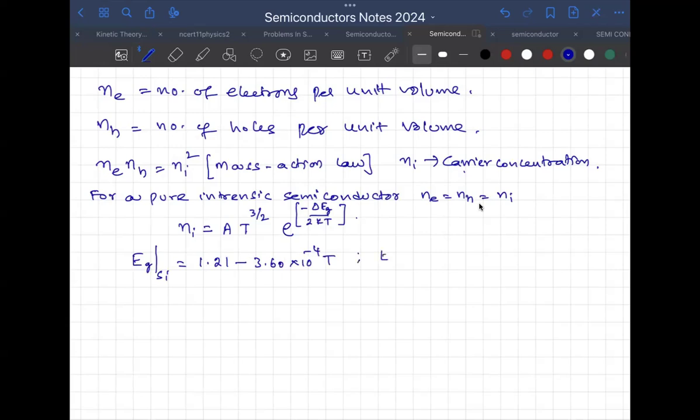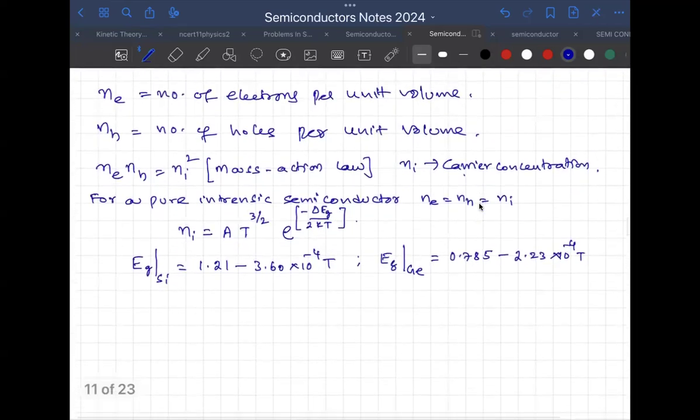Similarly, energy gap in case of germanium is 0.785 minus 2.23 into 10 power minus 4 T. Remember, none of these things were there in NCERT, so don't worry, they won't ask you this. I'm giving you some additional information.